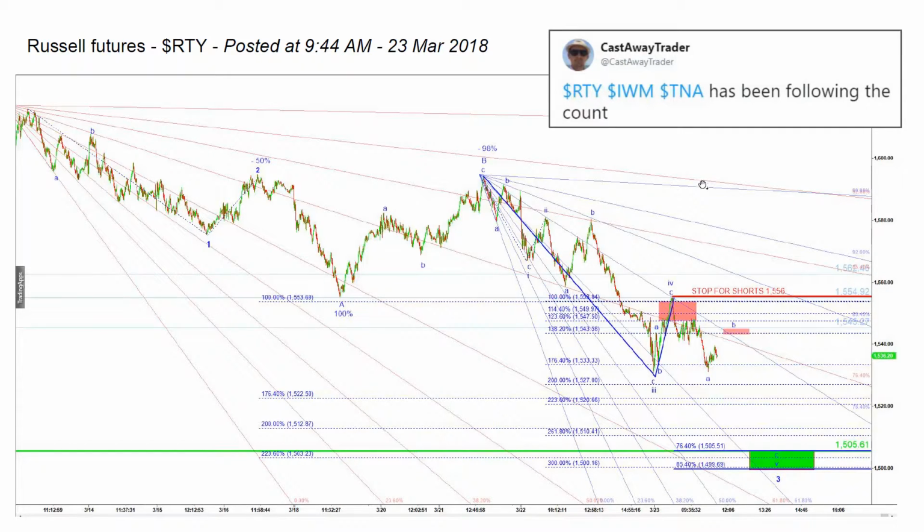So my next tweet was the count where I considered subwave A having bottomed. As I have just mentioned, wave A typically stalls around the bottom made in the wave 3, and then a corrective move up starts.